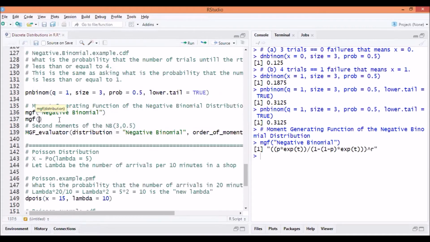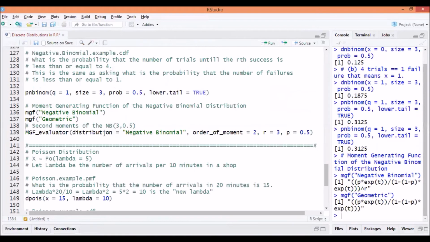So let's put that here. mgf geometric. Then we get, it's the same, but it's just to the power of r, the number of successes that we require. So if the number of successes is equal to 1, then the negative binomial becomes the geometric distribution.